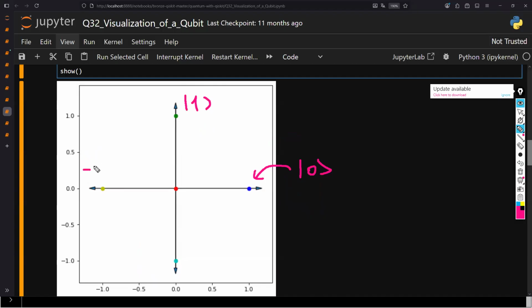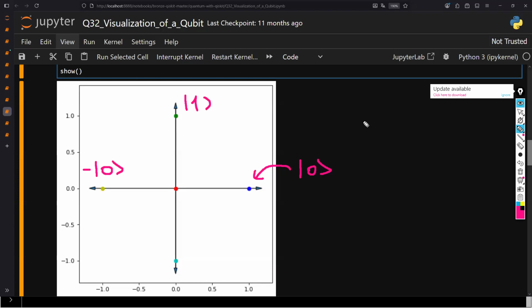This will represent our -0, because recall that we could also take this negative sign outside of the vector.